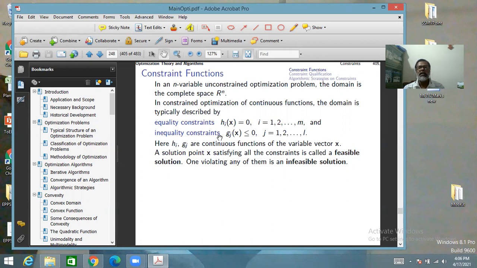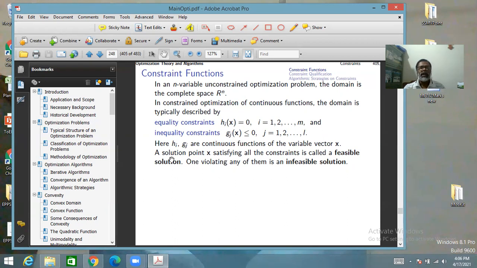Similarly, inequality constraints need to be brought in this form by taking everything on that side, which must be negative or 0 when the constraint is satisfied. So these functions are referred to as constraint functions.